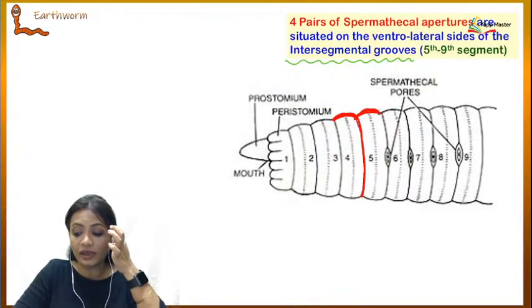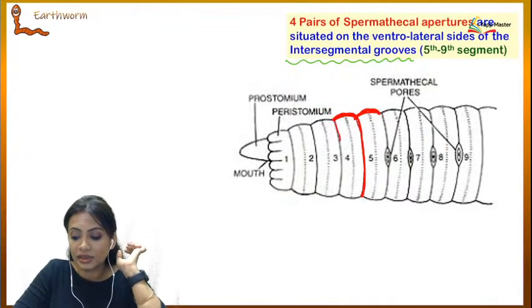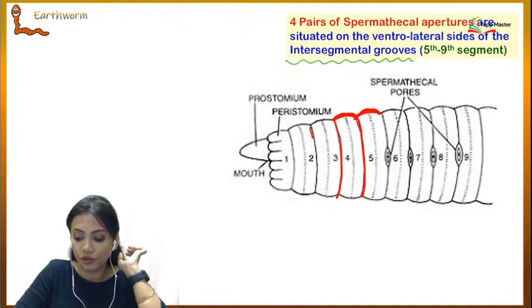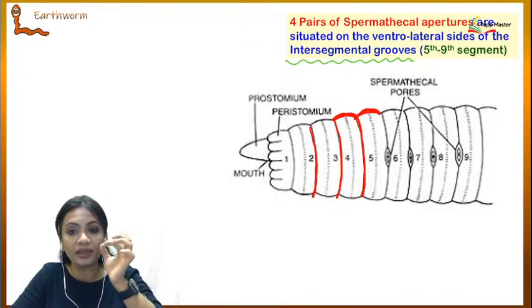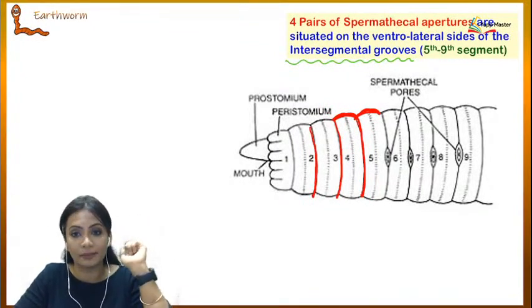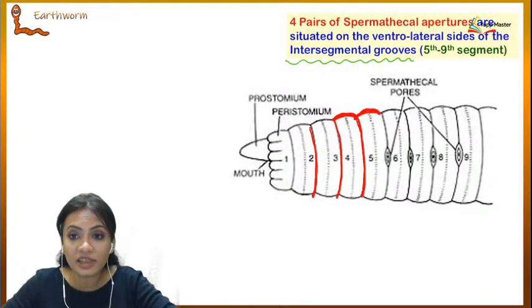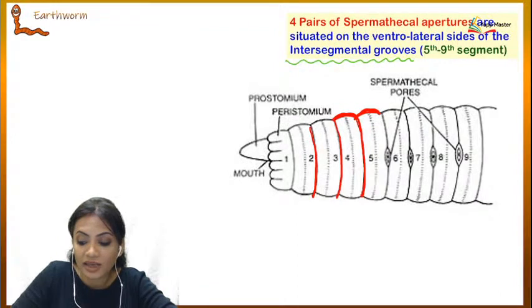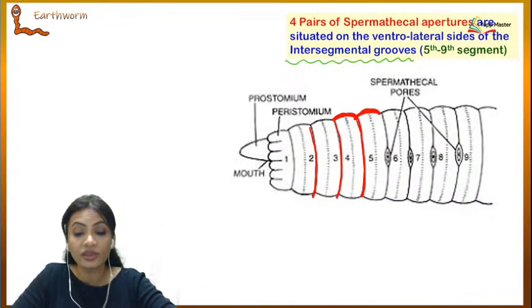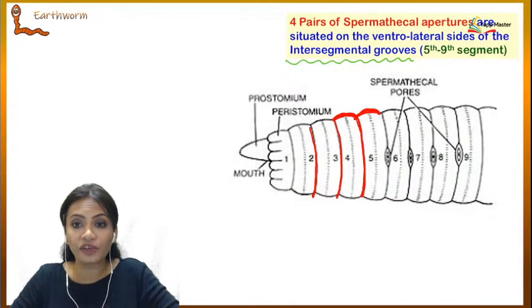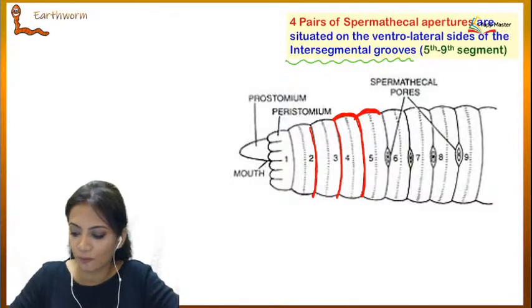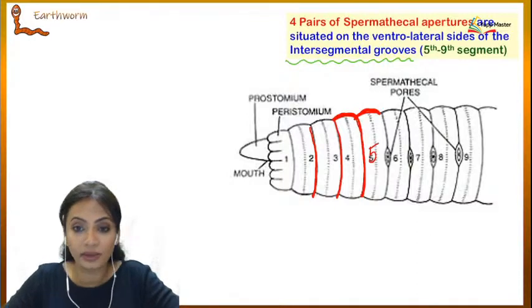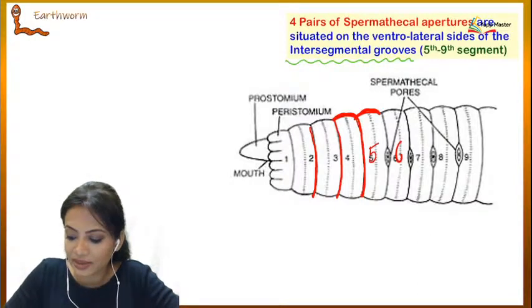So this over here is the intersegmental groove, a groove present between 2 segments. Now, where are these spermathecal pores? They are present on the ventrolateral sides of the intersegmental grooves between segments 5th till 9th. So here is our 5th segment, here is our 6th segment.